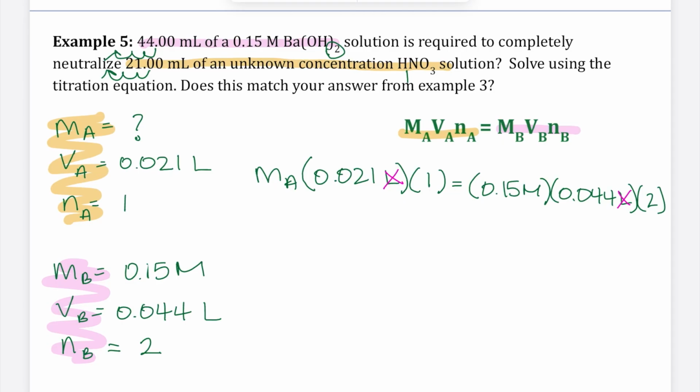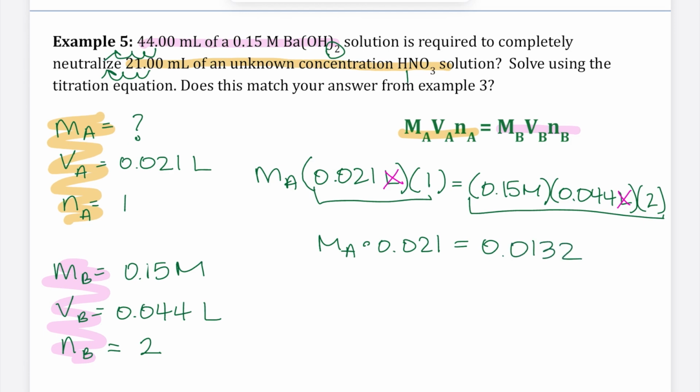As we go through, we've got Ma times 0.021 equals, as I multiply that 0.15 times 0.044 times 2, I get 0.0132.